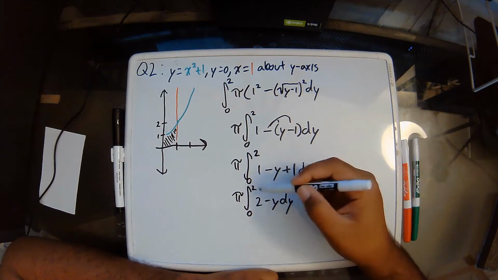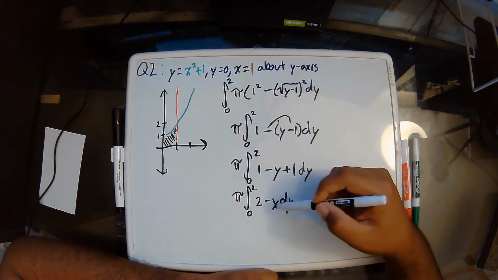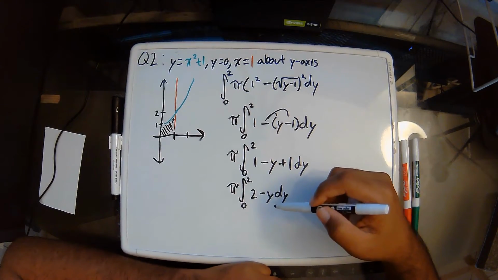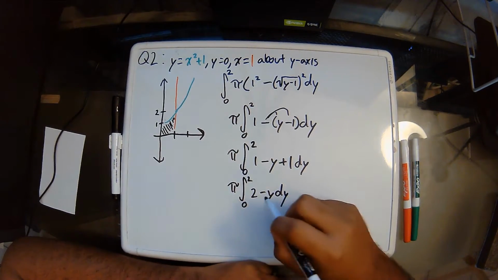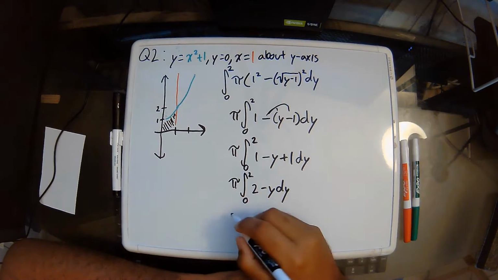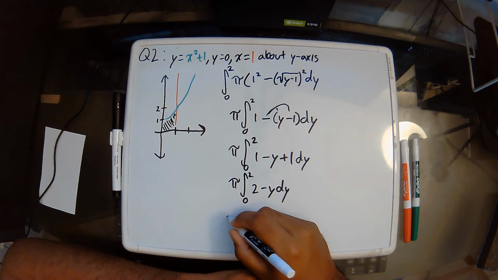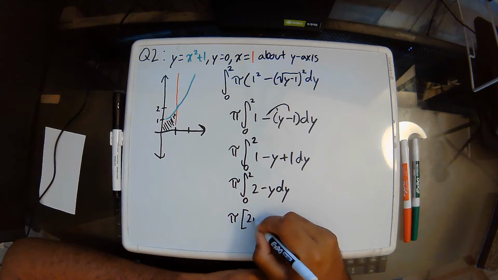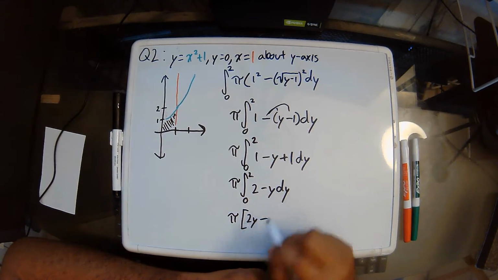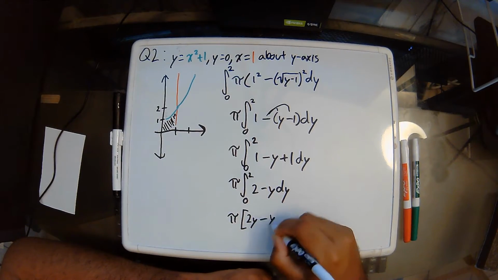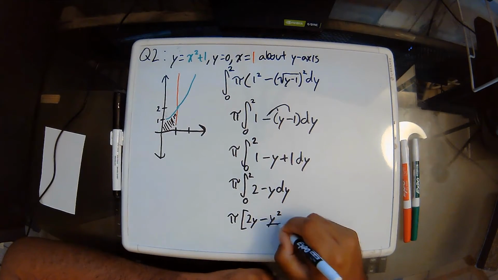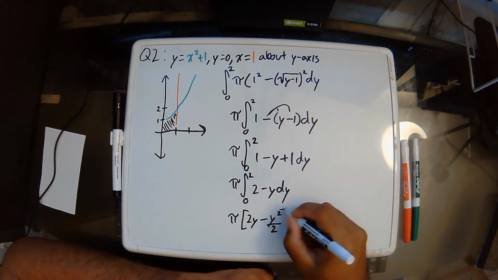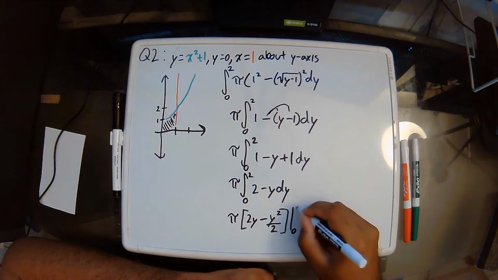So now, this is where we want to work with. This is really easy for us to use. The integral of 2 minus y in terms of y is 2y minus y squared over 2, between 0 and 2.